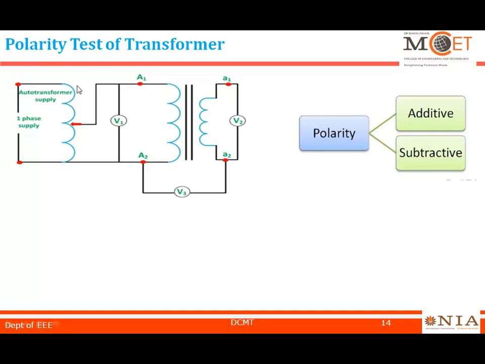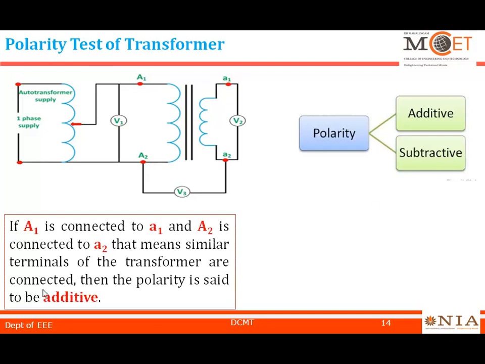Subtractive is nothing but A1 of primary and A2 of secondary joined together, and A2 of primary and A1 of secondary joined together. This is called subtractive. If A1 is connected to A1 and A2 is connected to A2, that means the like terminals of the transformer are connected, then the polarity is said to be additive.